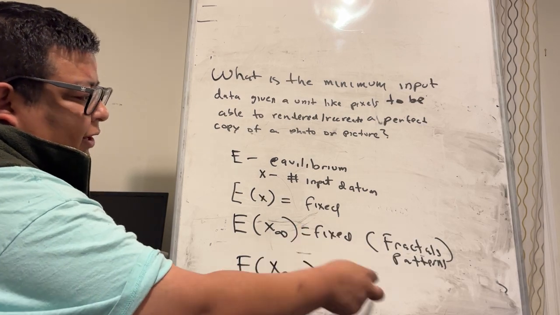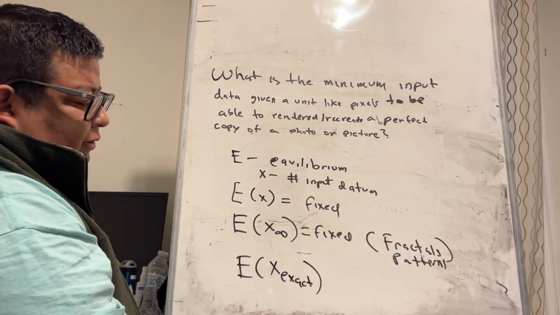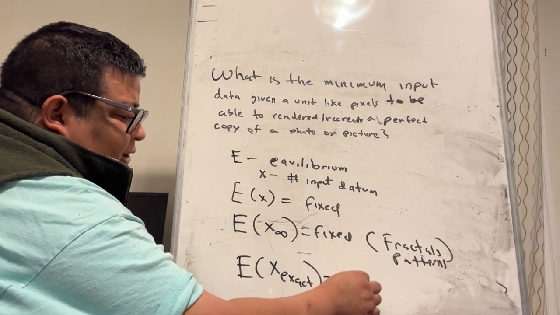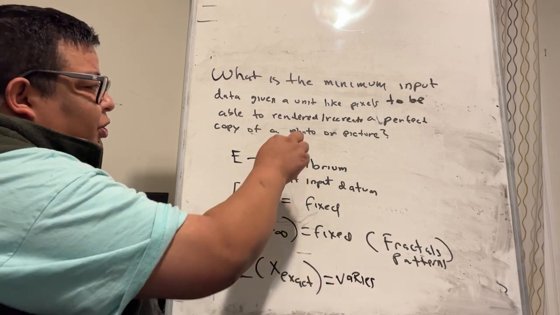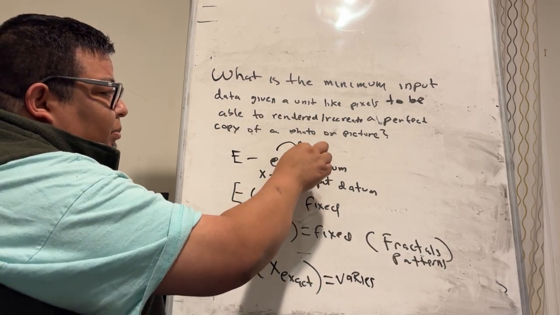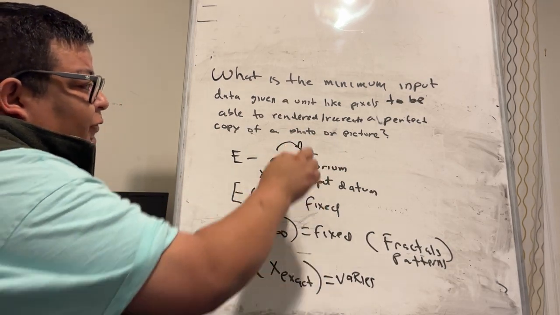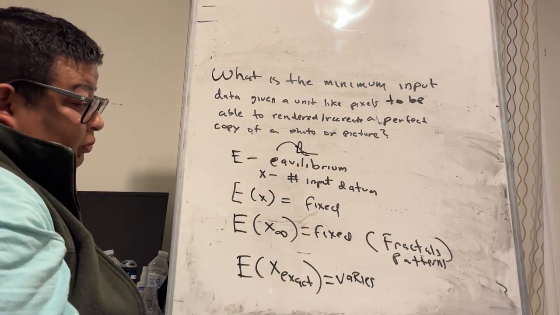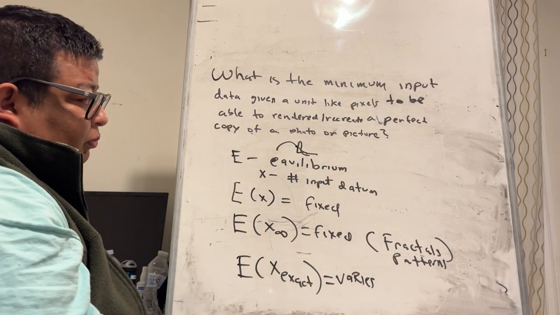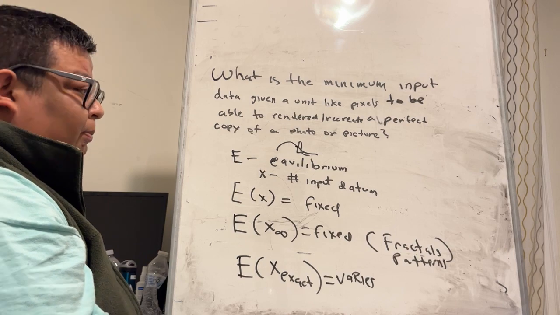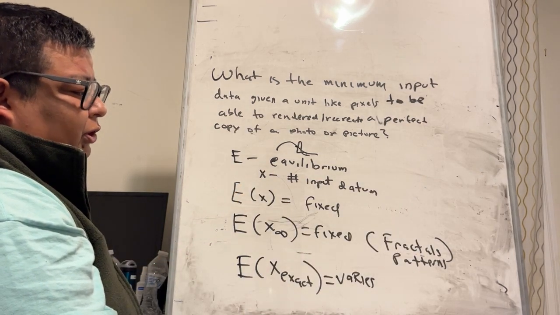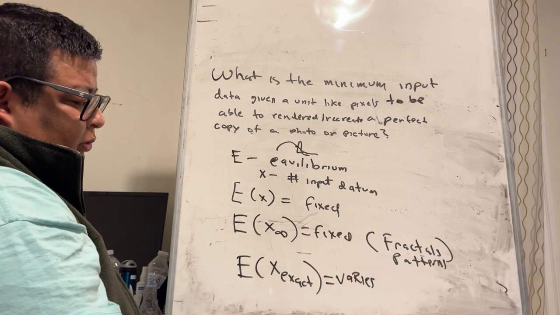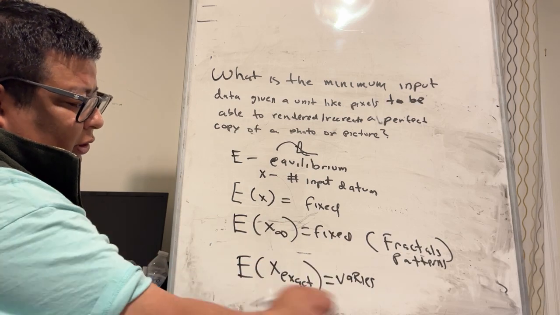Then if you don't have any of these environments, we have to say that it varies, because we don't know how a function goes in the middle, if it goes up or down or whatever. But if we know a pattern for those functions, then it's a different story, then it's fixed. But if we don't know it, then it varies.